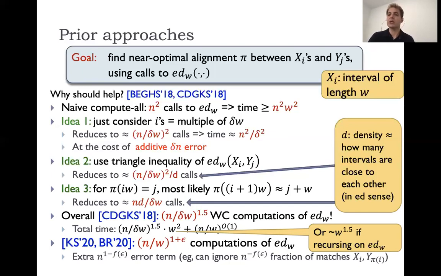Because if we just sum them all up, it's another additive error. So in our case, we cannot use idea 1 because we don't have additive error, certainly not for parameters that we care about. Okay, and we cannot afford to ignore some matches.